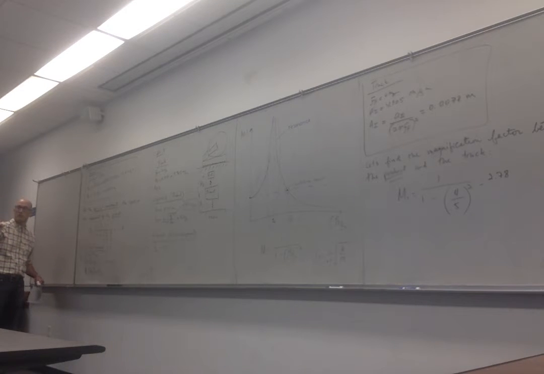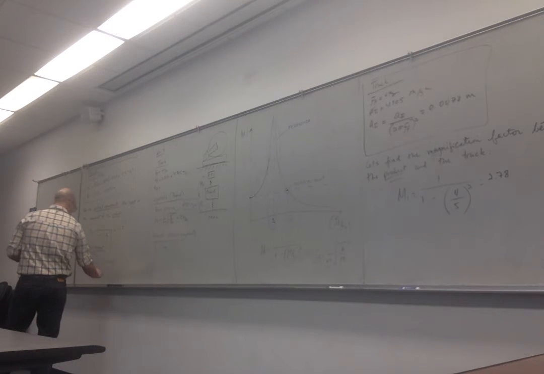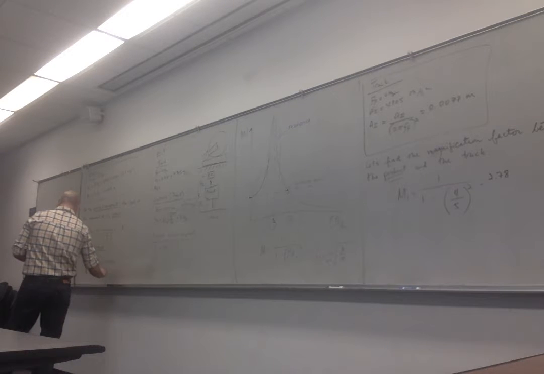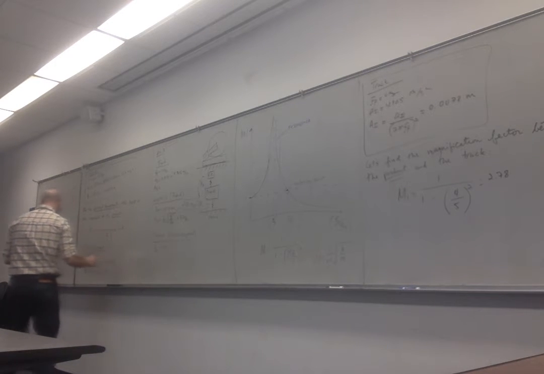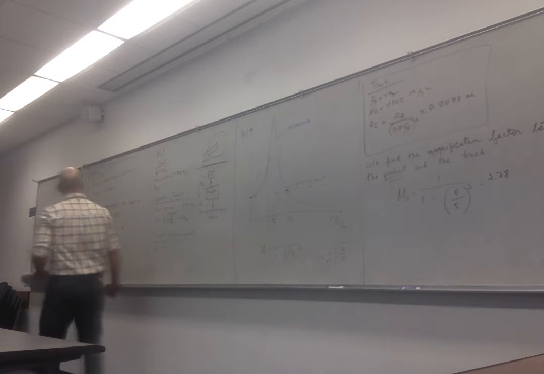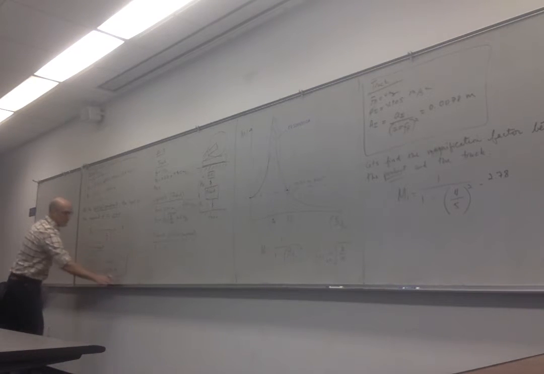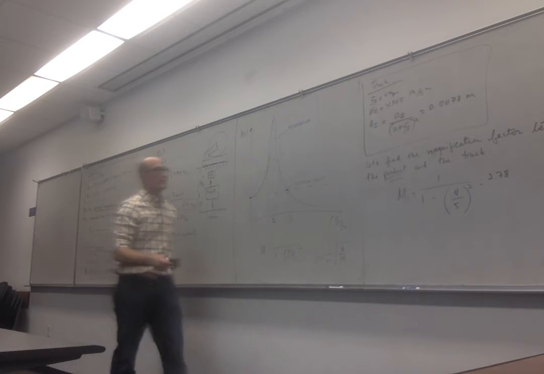Good. 0.0217. So that gives us minus 0.0202 meters. That's the movement of the critical component.